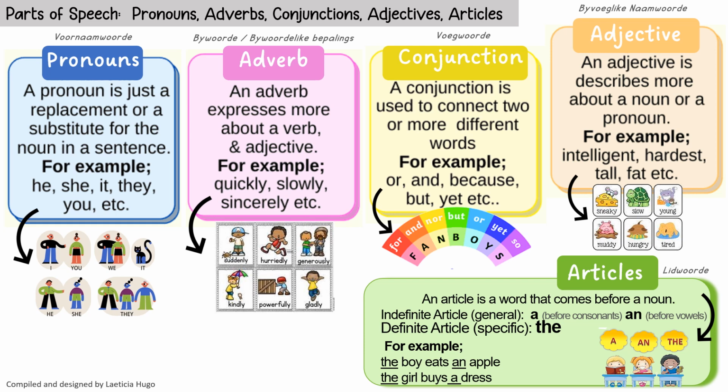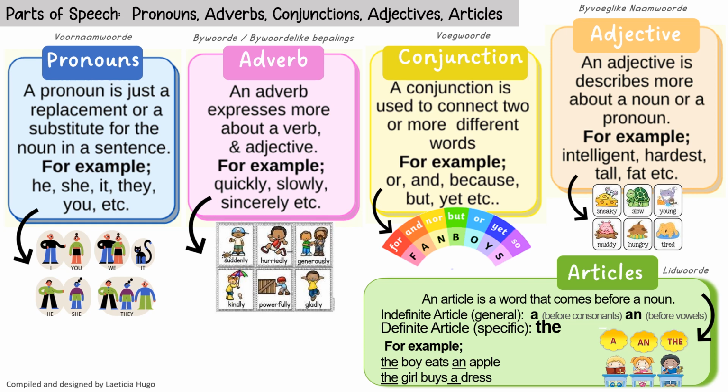So let's take the example of a person. When we say, "Carla goes to the shops, she buys a present because she's going to a party." The Carla we know is the noun because we know it's a person and she's got a name. But then we don't say Carla, Carla throughout the sentences.